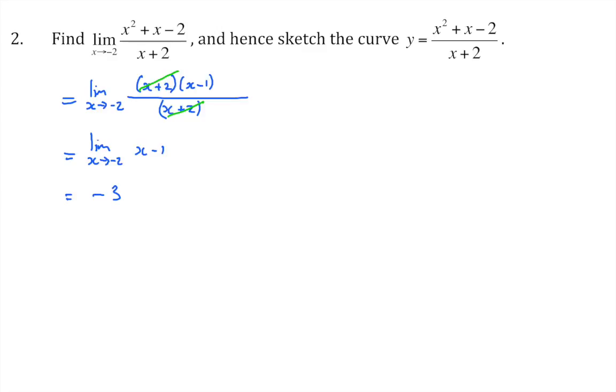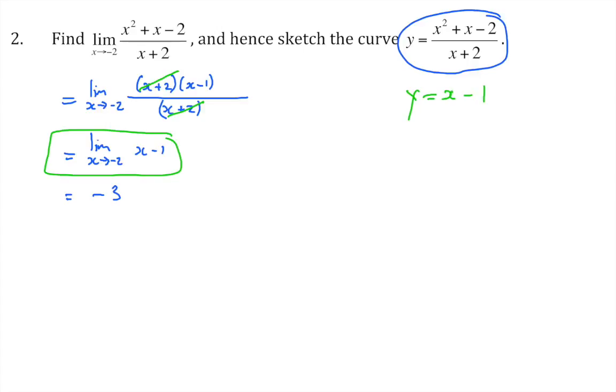Now, this curve here looks confusing, but it's exactly the same as the curve y equals x take 1, because that's what it cancelled down to, except there's a problem with it. Y equals x take 1 has a 45-degree angle, because that's what y equals x is, pushed down 1, so it goes like this.